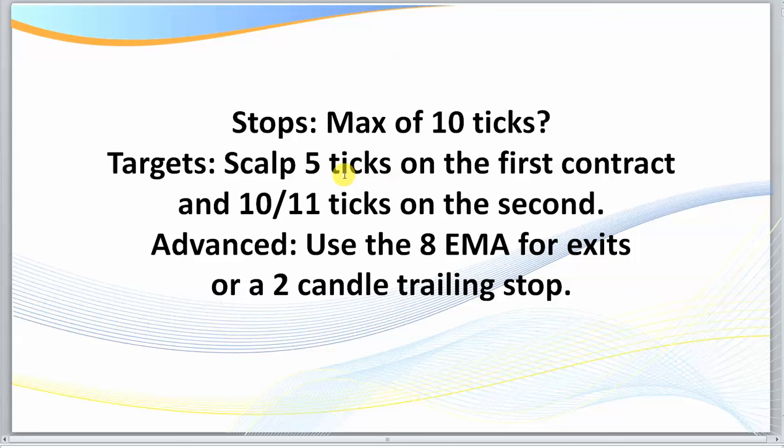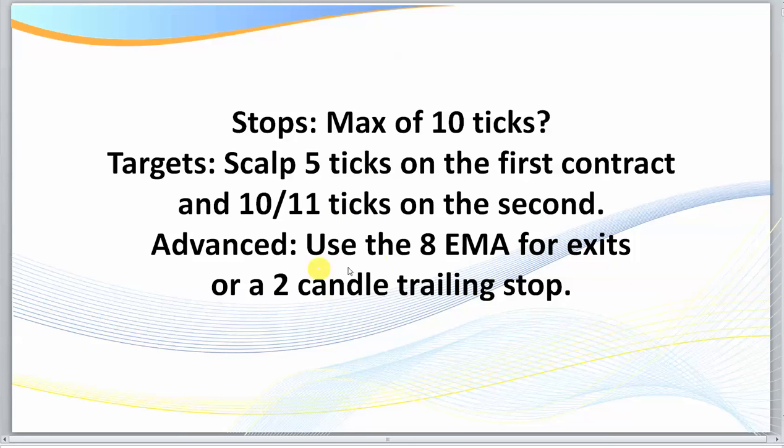But what you can do is, if say for an example you've got a stop of 10 ticks, you scalp 5 off, you bring your stop right up to maybe 1 or 2 ticks negative on your second contract. Okay, so if you're going for a higher profit target, your risk is much lower, right? And target 10 to 11 ticks if not more on your second contract.